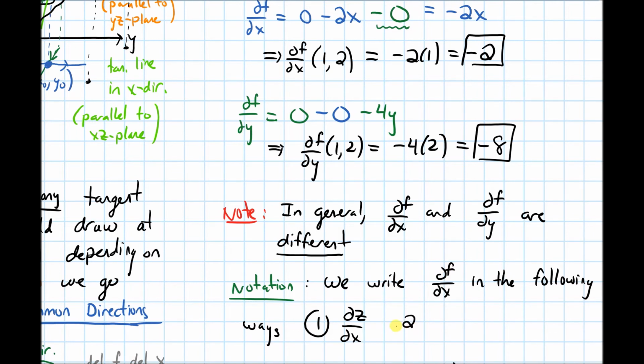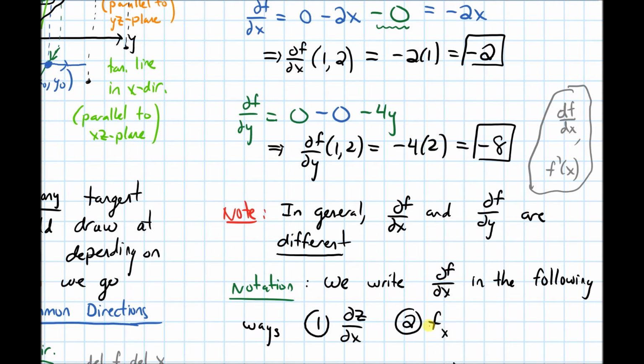I could also write a version of the prime notation, if you remember from calculus. If you remember from calculus, there's a df dx notation, and there's also a prime notation. So the version of prime notation for partial derivatives is we write f, and then we write the variable that we're taking the derivative with respect to as a subscript.